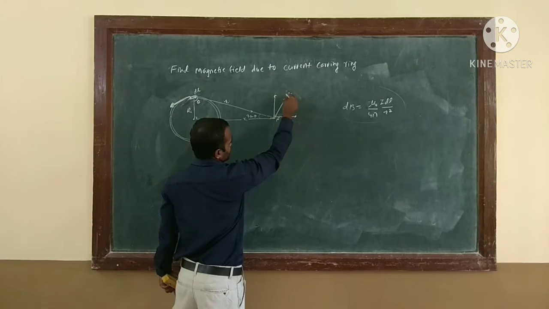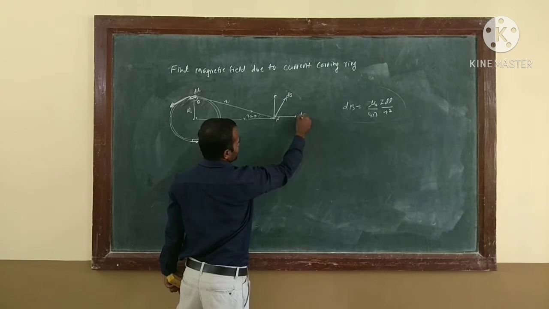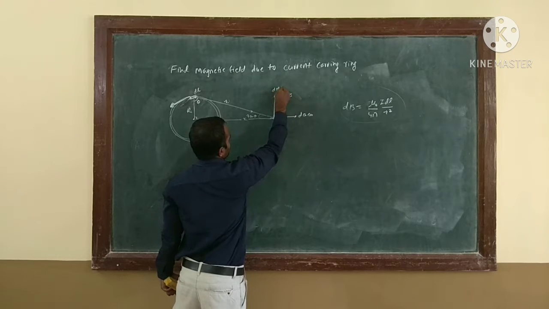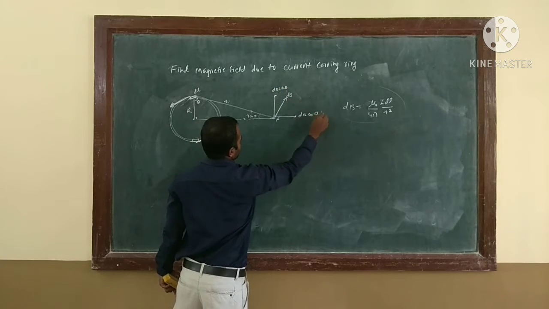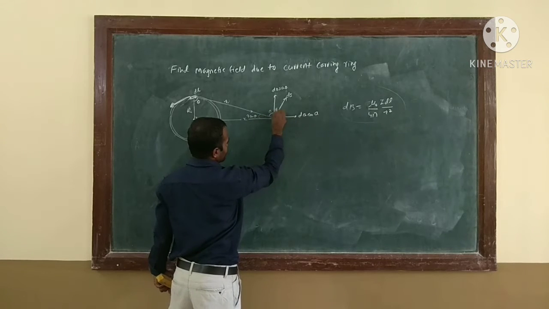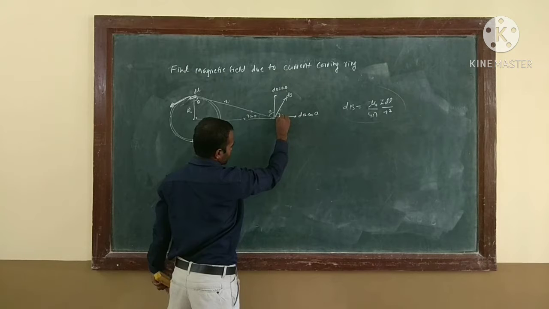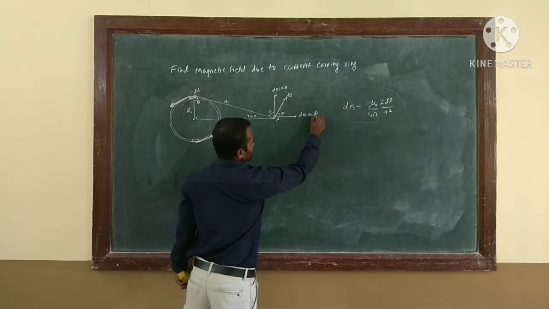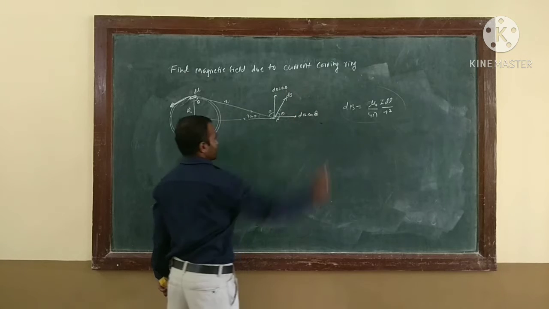There are two components of this dB: dB cos theta and dB sin theta. How does the angle theta come here? If here it is 90 minus theta, this angle will be theta. So dB cos theta, dB sin theta.